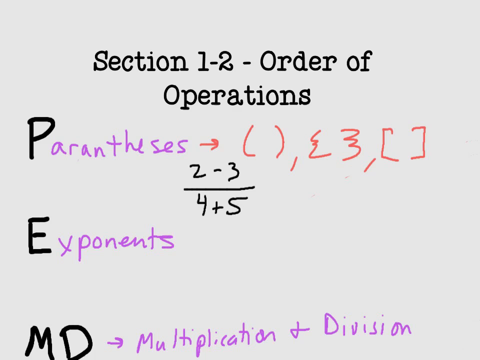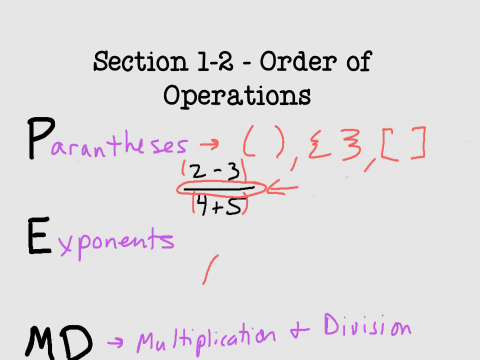It is kind of a type of grouping symbol because it's separating the numerator from the denominator, so that means I'm going to take 2 minus 3 together and 4 plus 5 together before I divide, which you would normally divide first, but it acts like a grouping symbol in this sense. So if you ever see a fraction with stuff on the top and stuff on the bottom, then you do those separately, and then you divide them. Okay?